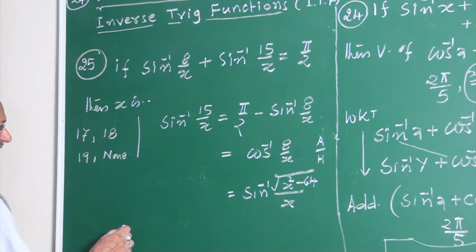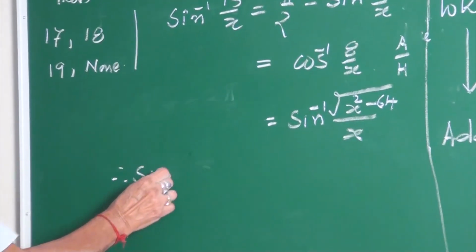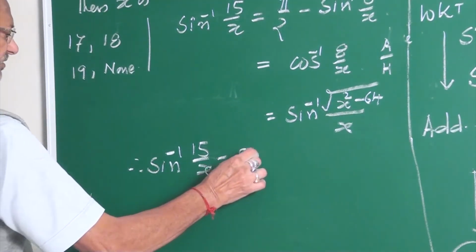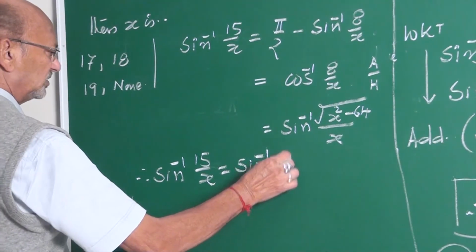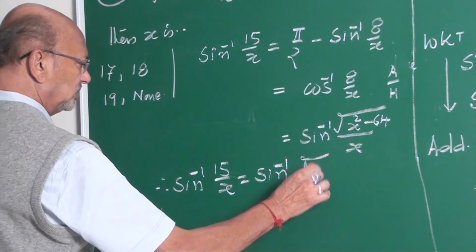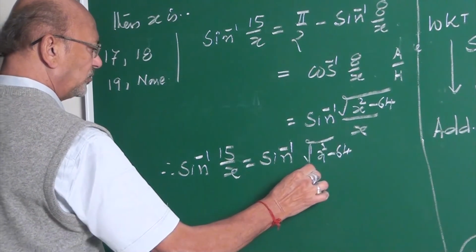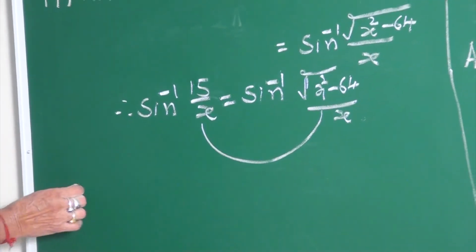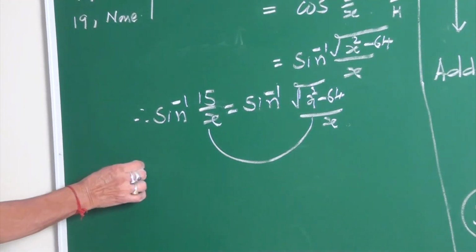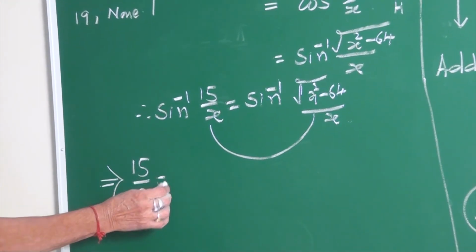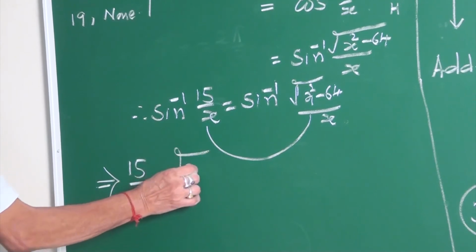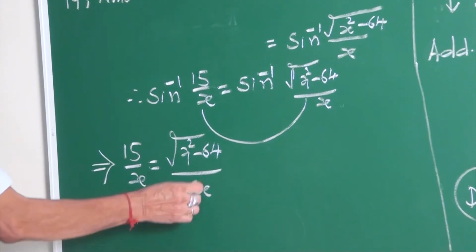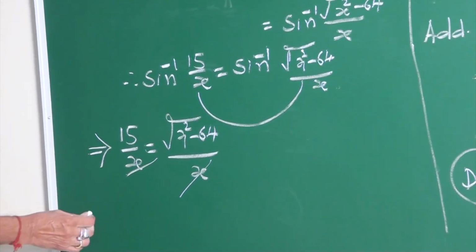Now I write it for your sake. Sin inverse 15 upon x equals sin inverse root x square minus 64 upon x. This gives 15 upon x equals square root of x square minus 64 upon x. Now the denominator x is cancelled.